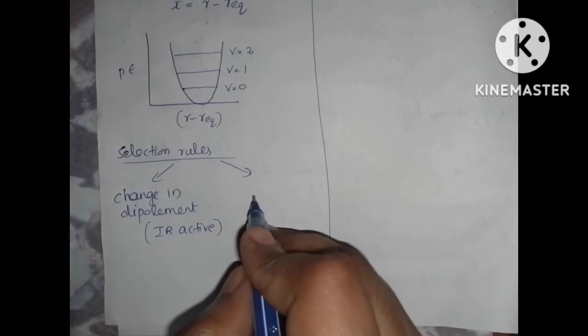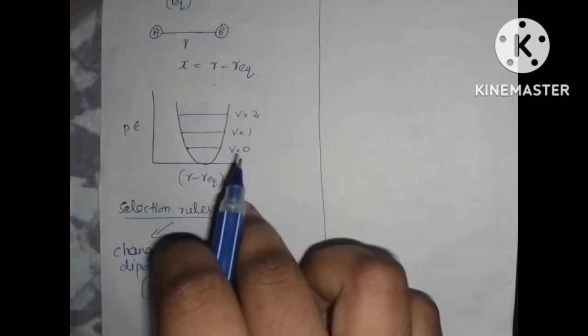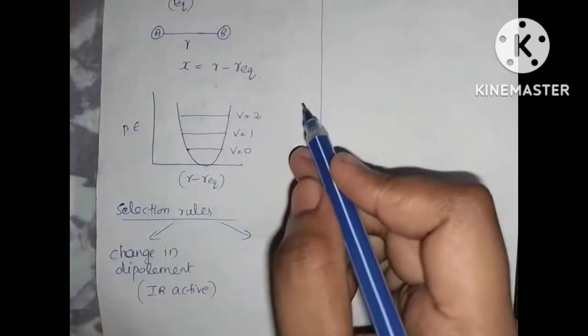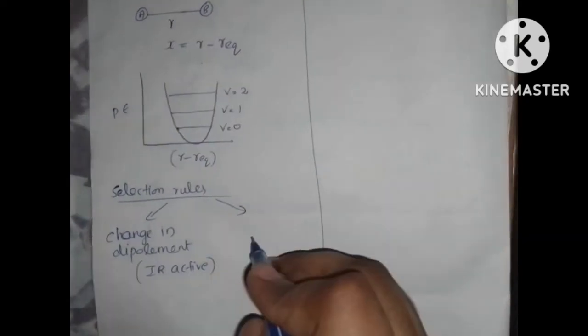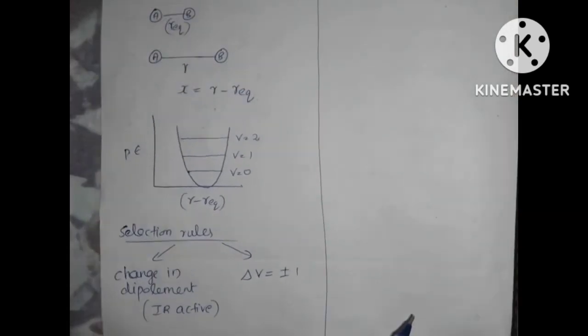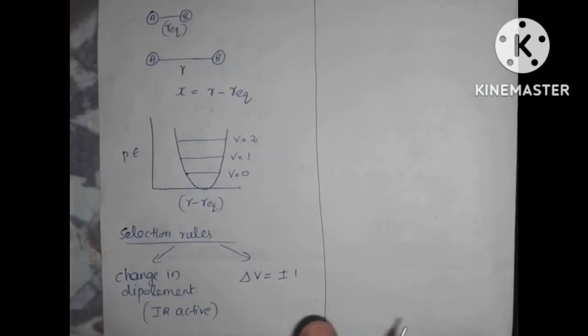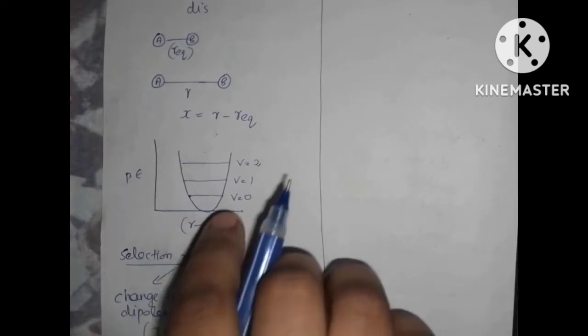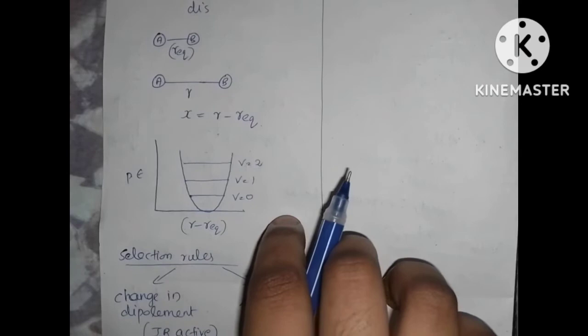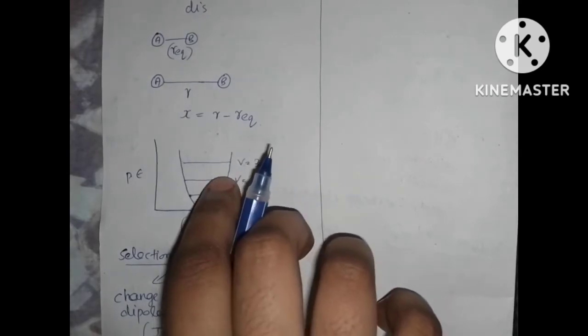And the second selection rule is regarding the transitions, from which level to which level it can undergo transition. That indicates delta V should be equal to plus or minus 1. That means transitions with a difference of 1 unit are possible, from V equal to 0 to V equal to 1, or V equal to 1 to V equal to 0, like that, V equal to 1 to V equal to 2.